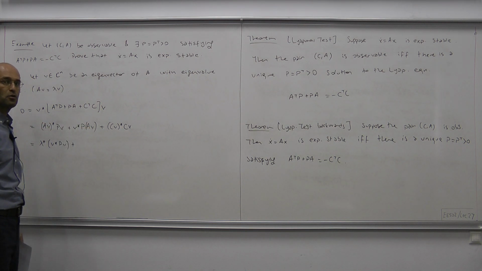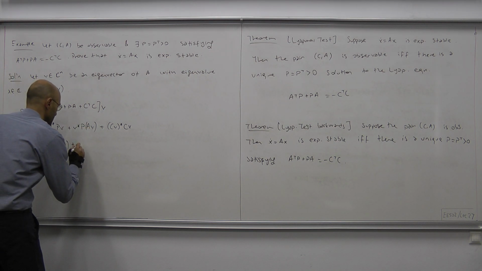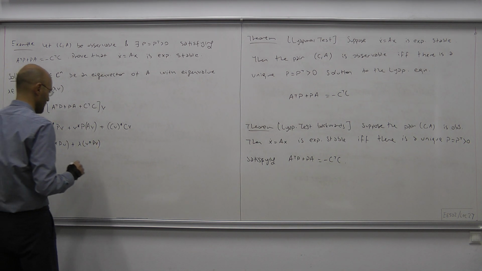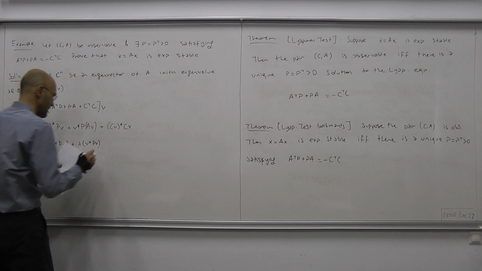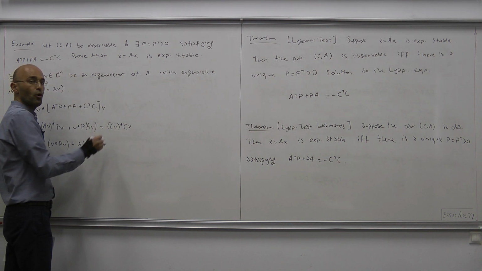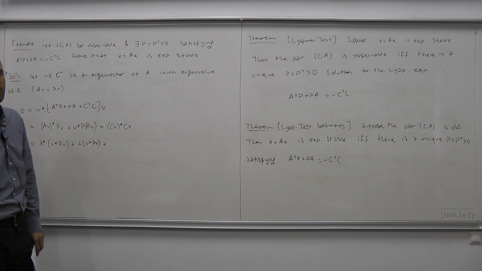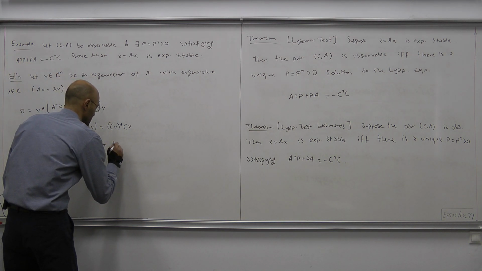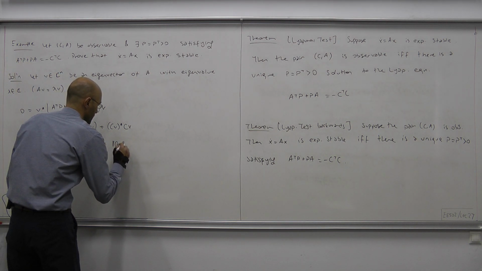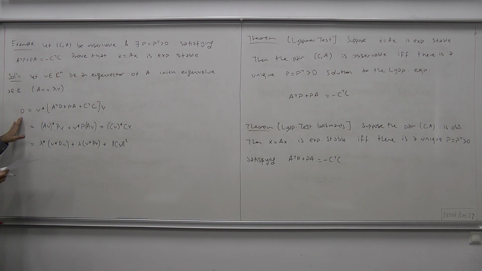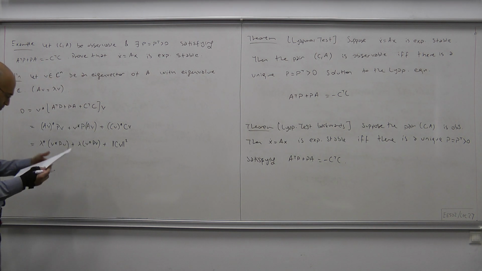We can take it to the left and write lambda times V conjugate transpose PV. And finally, this is a vector conjugate transpose times itself, therefore it's the Euclidean norm square of that vector, so we have CV norm square. And we have 0 on the left-hand side.